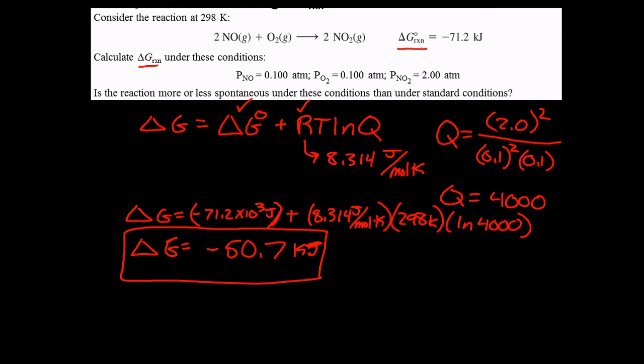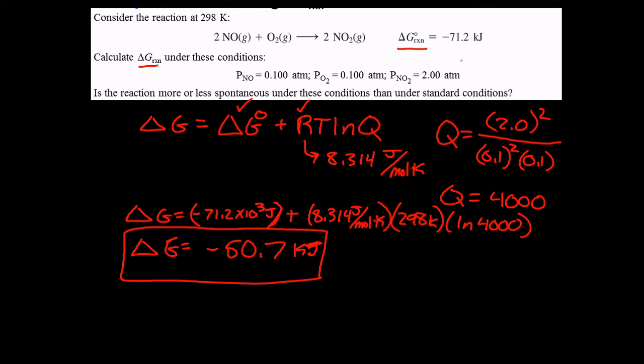So that is the non-standard Gibbs free energy. If we compare that to the standard Gibbs free energy, this is for the second part here, where it asks us to determine if the reaction is more or less spontaneous. If you remember, negative Gibbs free energies are spontaneous. And not only that, the more negative it is, the more spontaneous it is. So this is negative, so it is spontaneous, but it is less negative than the standard Gibbs free energy.